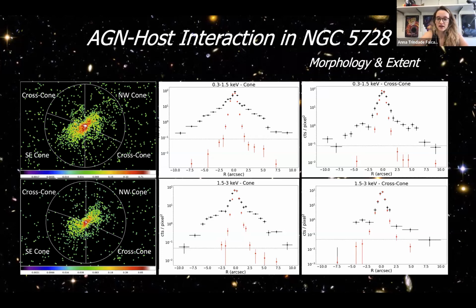One of the things that I didn't have time to mention, and it's extremely interesting as well, is Chandra has also uncovered extended X-ray emission in this cross-cone direction here, which is the perpendicular direction to the ionization cone.